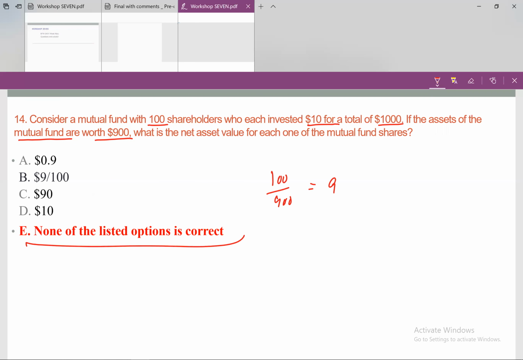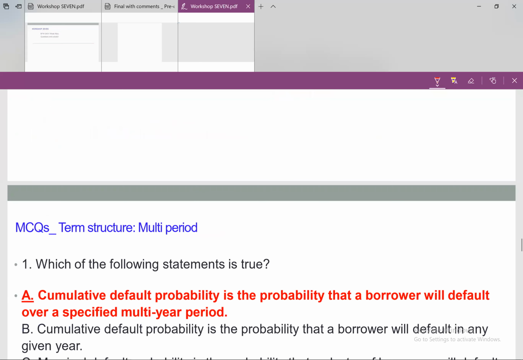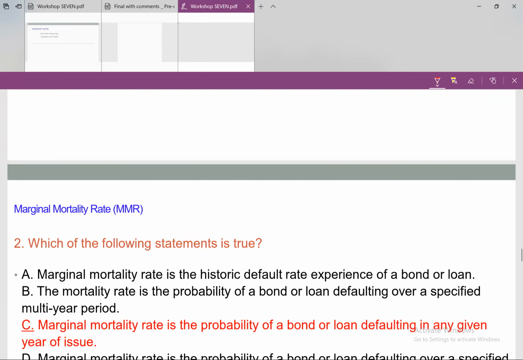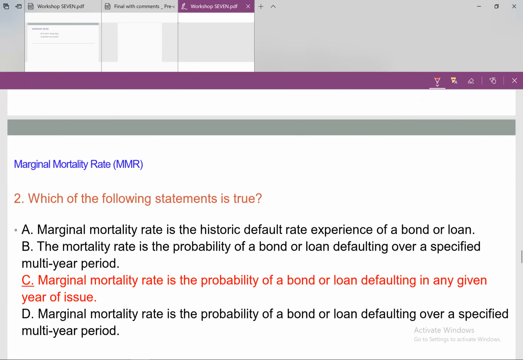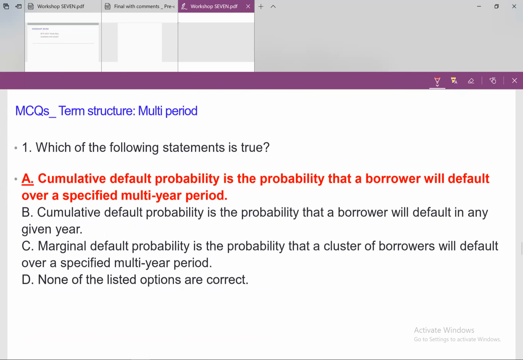So it's still none of this. The problems for liquidity are over until here.